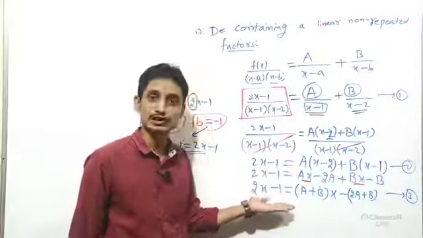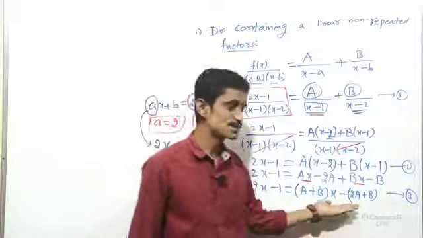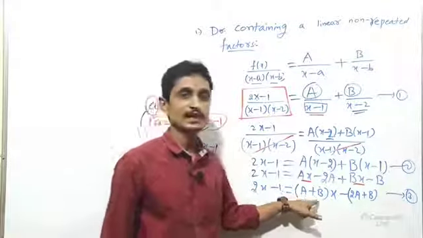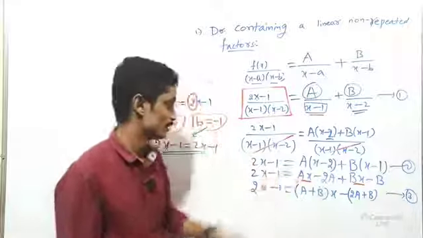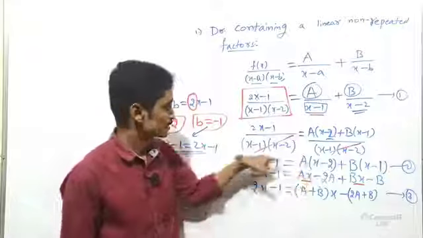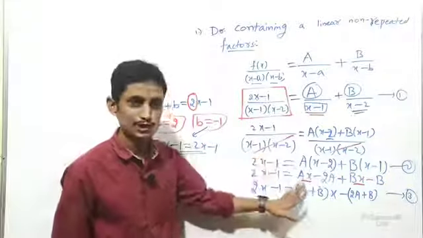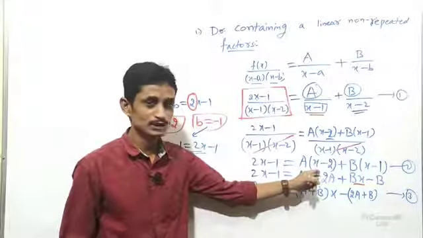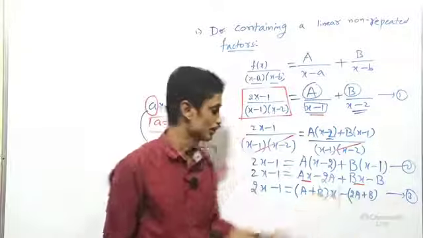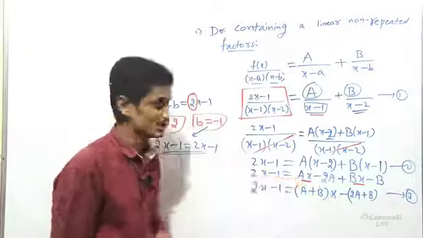The same situation here also. The LHS side is one particular polynomial, the RHS side is a general polynomial, because we don't have the a and b values. How to get the a and b values? This is the third method. The second method is: after equation number 2 is common, we just remove the bracket, take x common, whatever variable is there, take it common. After that, the comparison will start.